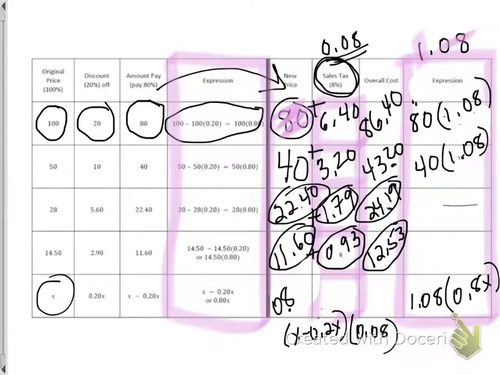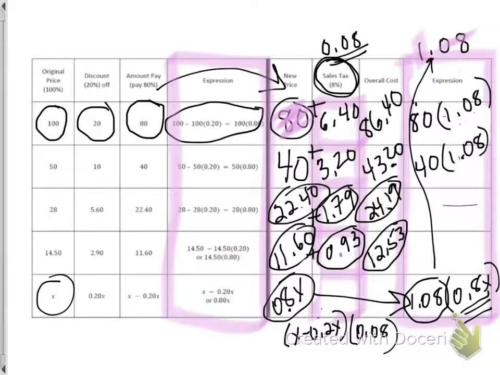No, wait a minute, 0.8x was actually the new price. And then if I cut to the chase all the way to the end, I am just multiplying that 0.8x times 1.08, which represents the new price along with the sales tax, like we had explained up here.